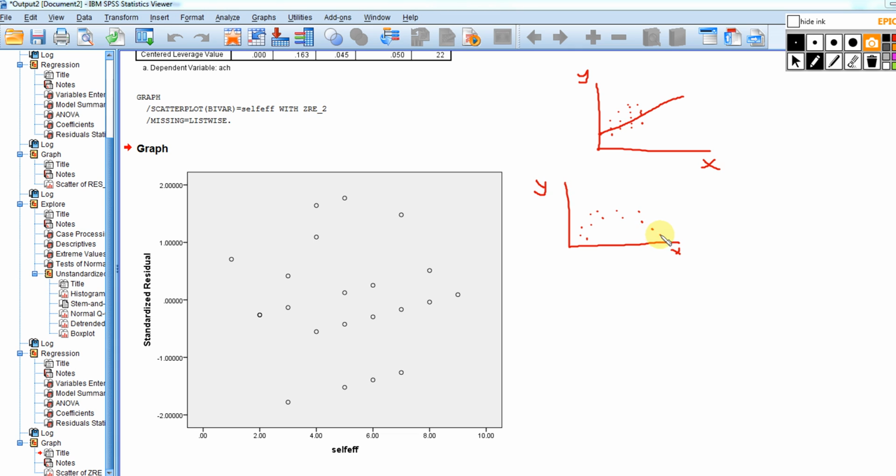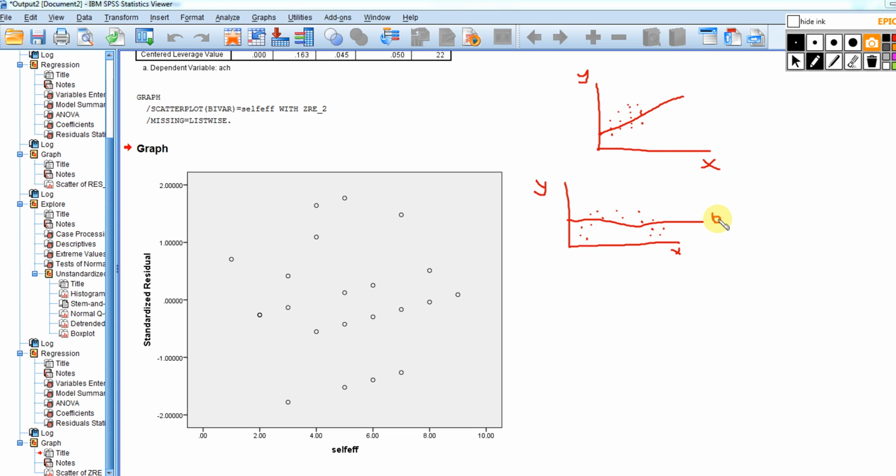Now, the problem with this is that when the slope is 0, the assumption generally is that if I fit the regression line to the data, the points are randomly distributed around it.